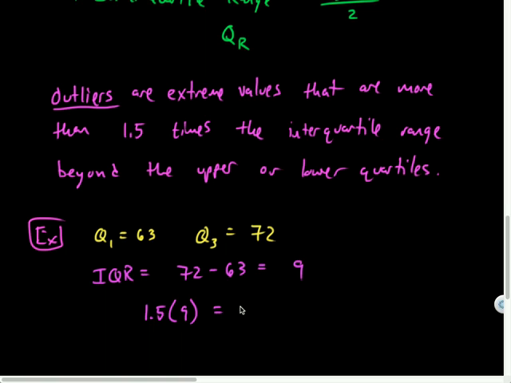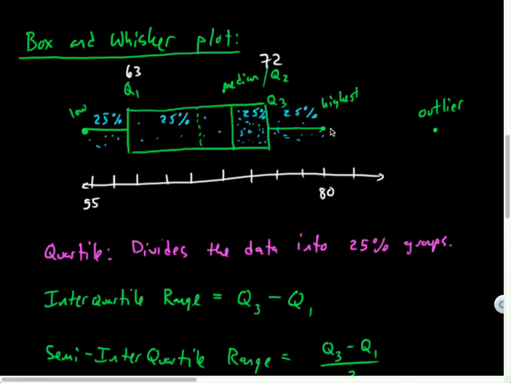It's 13.5. 13.5 units beyond the upper or lower quartile. So I want to point out visually, it's not beyond this value, it's beyond this value. All right? So 1.5 times the interquartile range from there, and 1.5 times the interquartile range beyond from there.